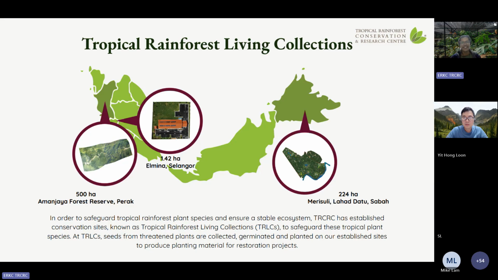It's also a very different strategy, because here it was not oil palm, but before this it was a logging concession. So we have a different strategy to do restoration. And we have our HQ in Elmina, Selangor, also a different strategy because Elmina is in an urban setting, so they do urban replanting and also education. So we have 3 sites in TRCRC.